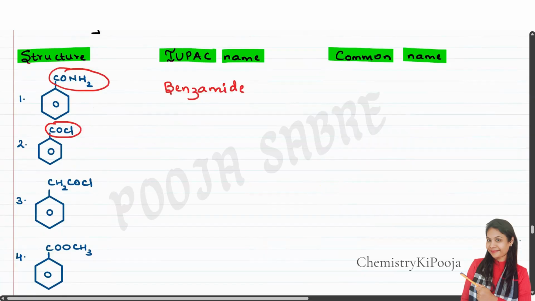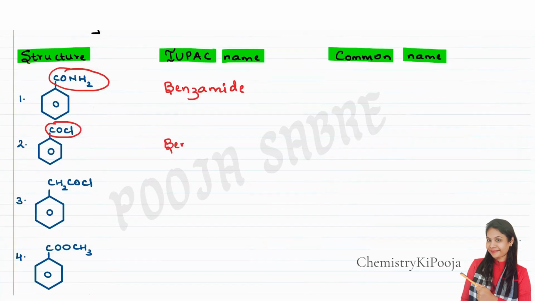So the naming will be benzoyl chloride. How to name the functional groups, everything I have explained in the previous lecture, wherein we studied functional groups in detail. So kindly watch all the previous lectures to understand the concept more thoroughly.